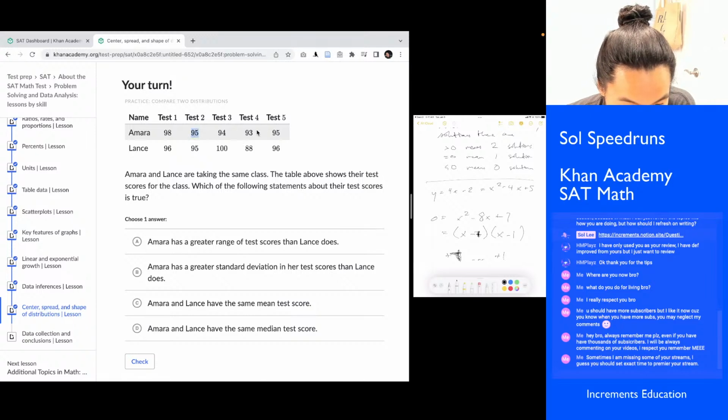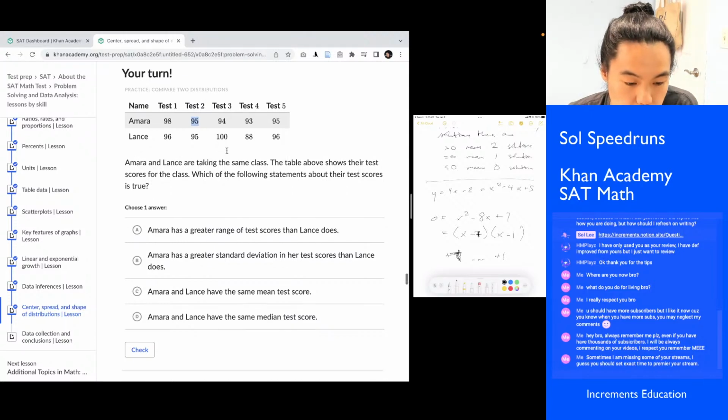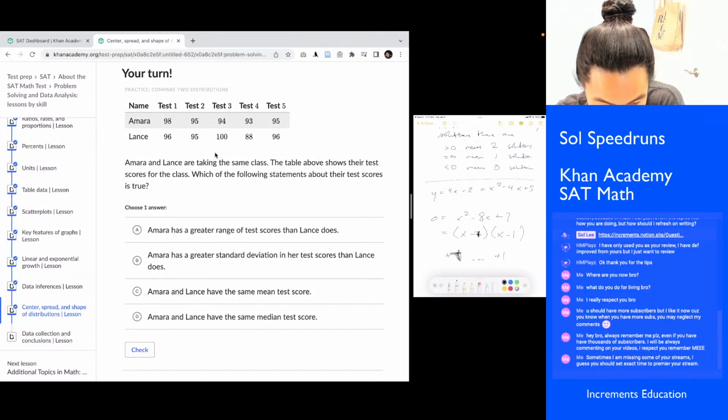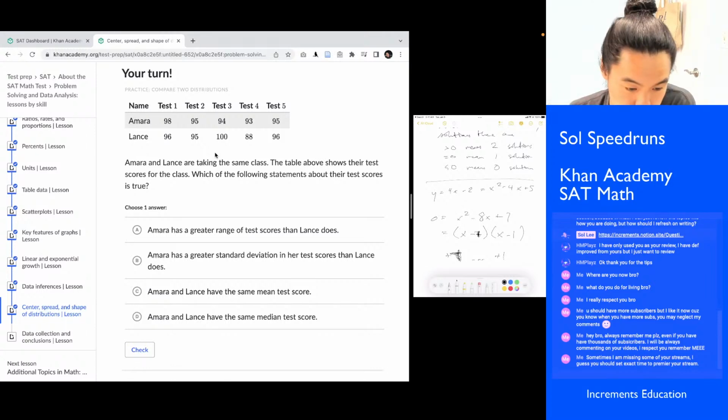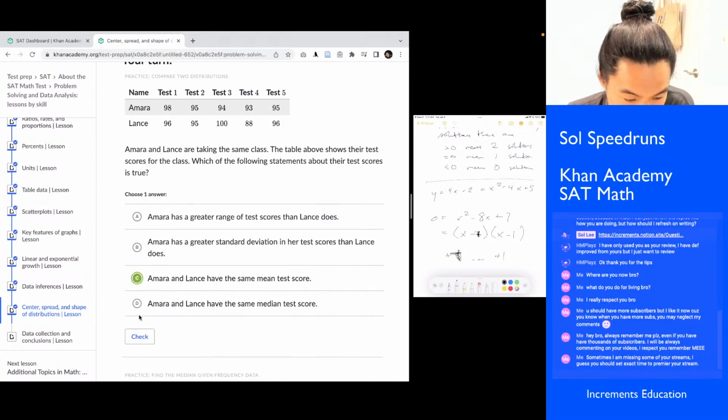There's -1, -3, +3. Okay. 95 +5 +6 +7 -7. So they have the same mean. Check.